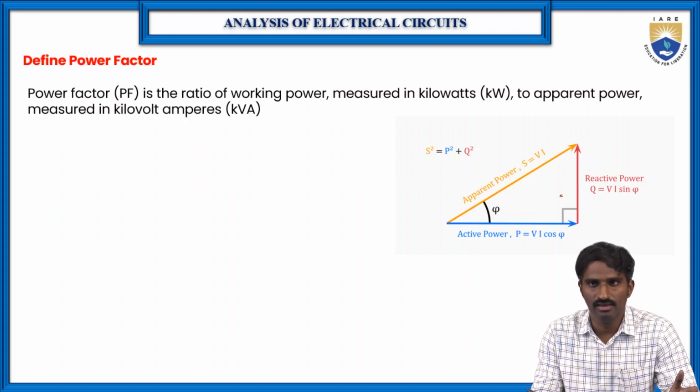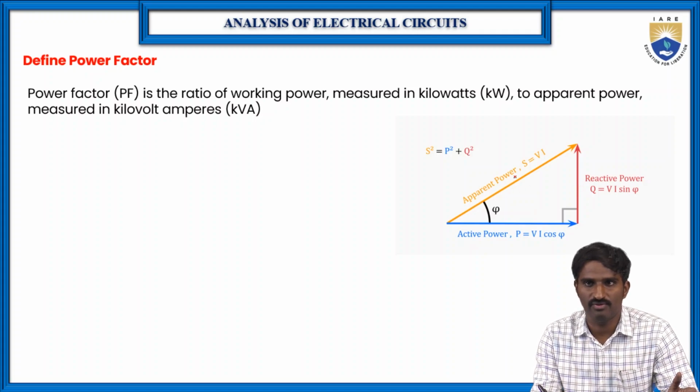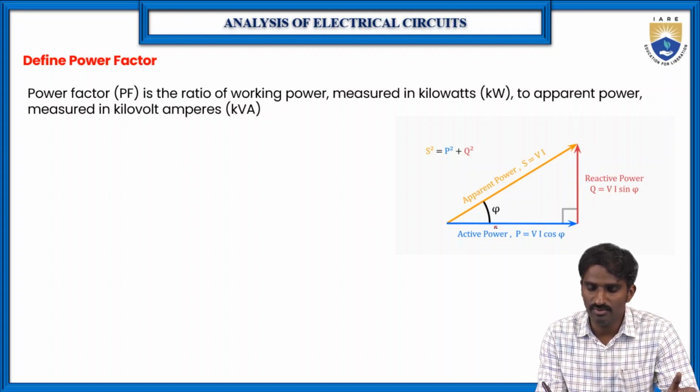In the power triangle, the adjacent side is the active power, the opposite side is the reactive power, and the hypotenuse is the apparent power. The angle between the hypotenuse and the adjacent side is phi, and this phi is the phase difference between these two.